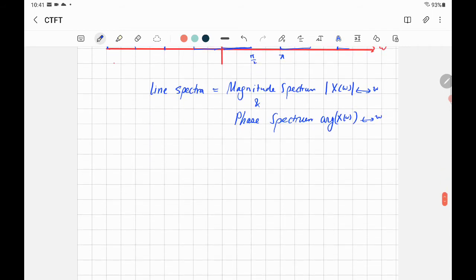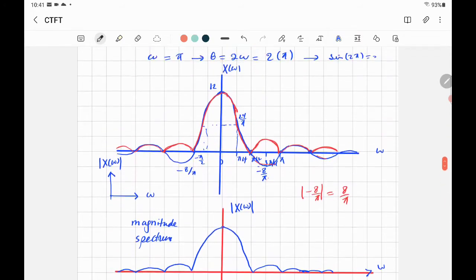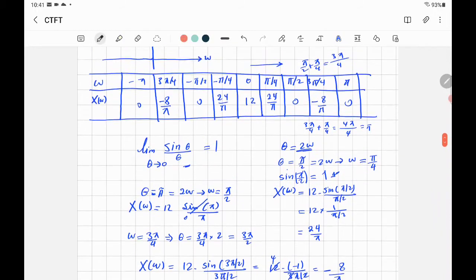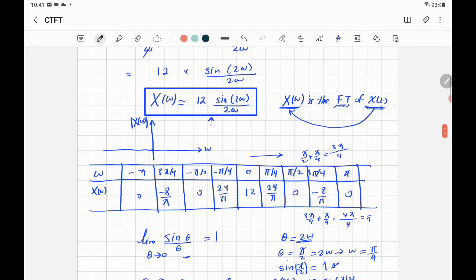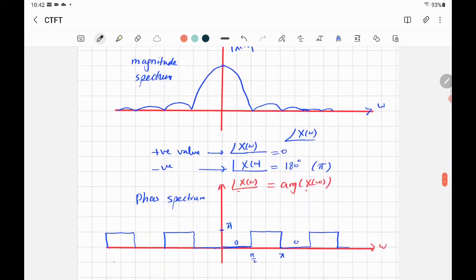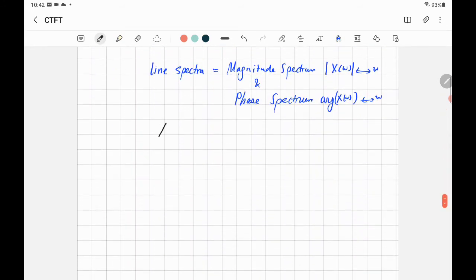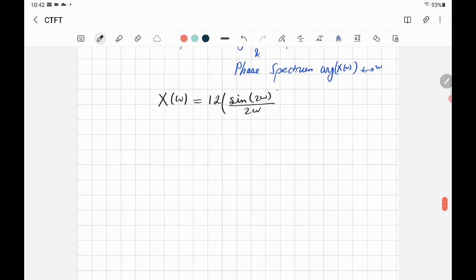There is something interesting I just want to mention here by chance: how can you express the result we got as a sinc function? What? Sinc function. That's what we got. X of omega is equal to 12 sine 2 omega over 2 omega. Let me write the result here. We can express this as a sinc function.